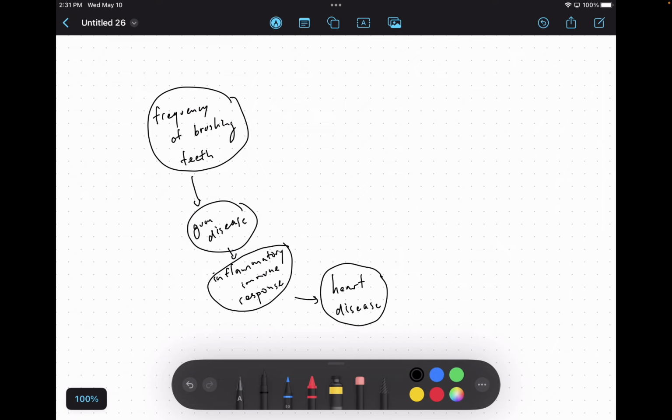Okay, so this is an example of a directed acyclic graph. Just some terms here. This would be a parent node. This would be a child node. And you would have something like this: ancestors going up and descendants going down.